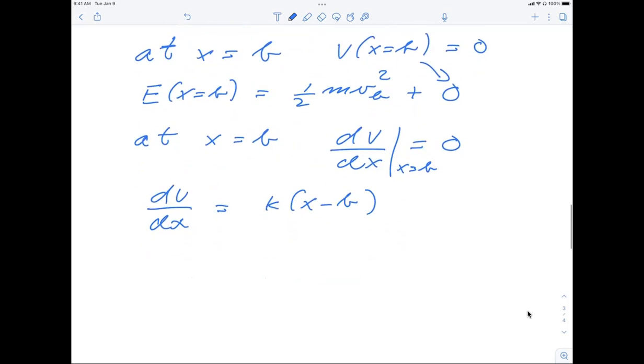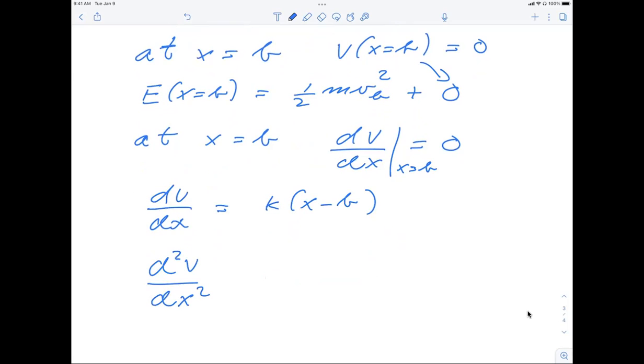Then there's another interesting thing here. If you look at the second derivative of V with respect to x, what kind of value does that one have? Is it negative or is it positive? If you look at the equation which we have. So we have the first derivative there.